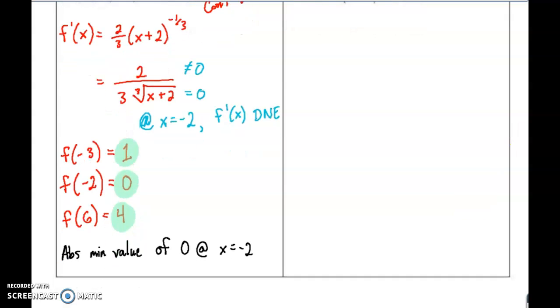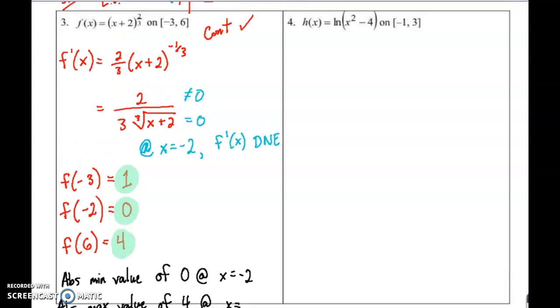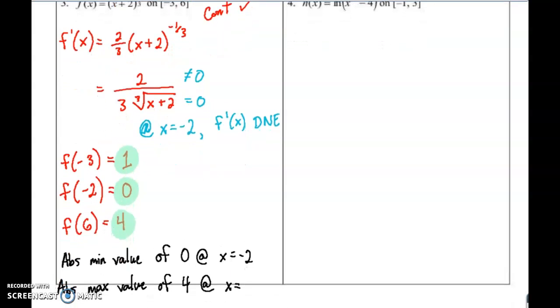And then the absolute max value is 4 at x equals, did I write down the right number? I guess I did, 6.